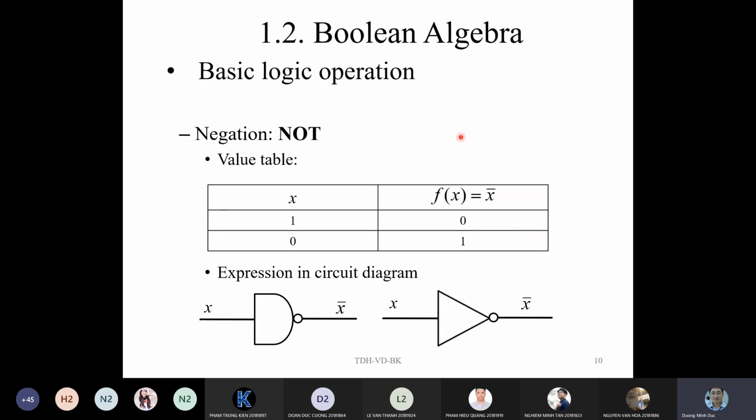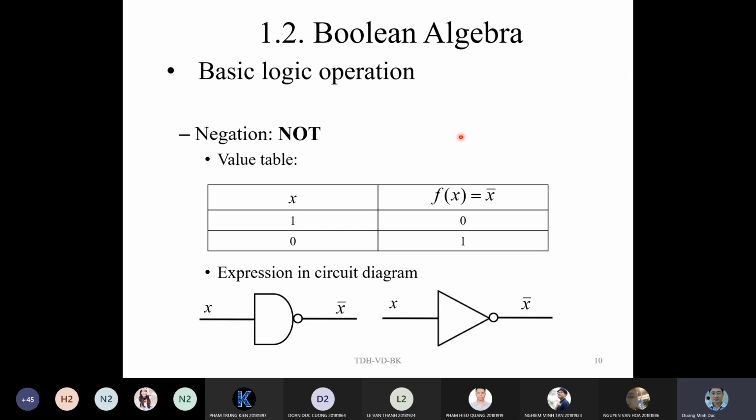In order to define logic operations, one very common way is to list all the possible cases that can happen with the operation and the corresponding results, and then we have the definition of the operation.